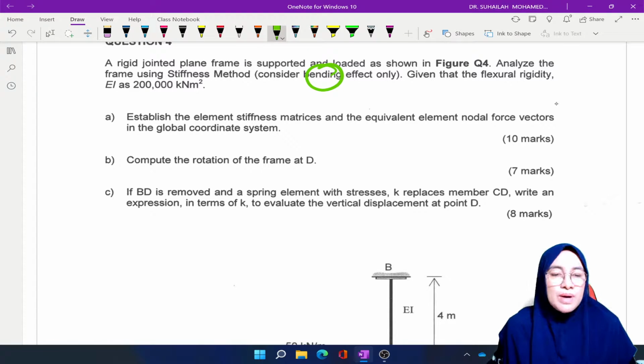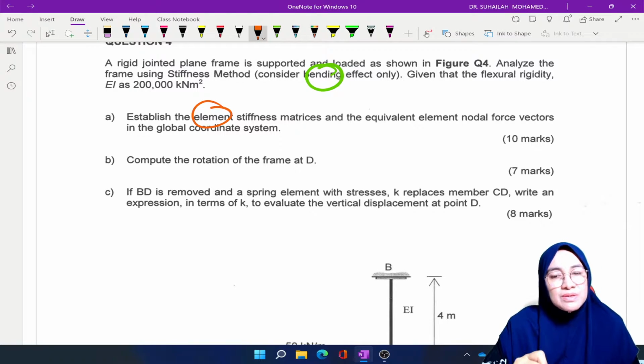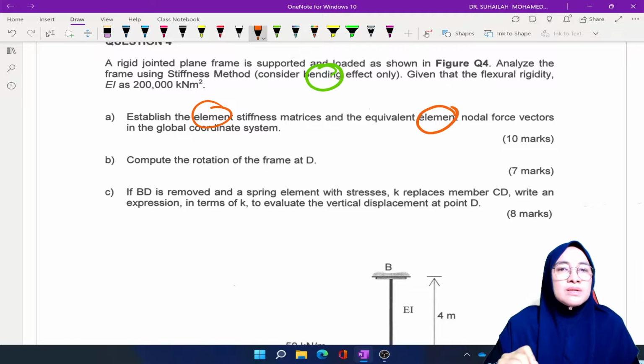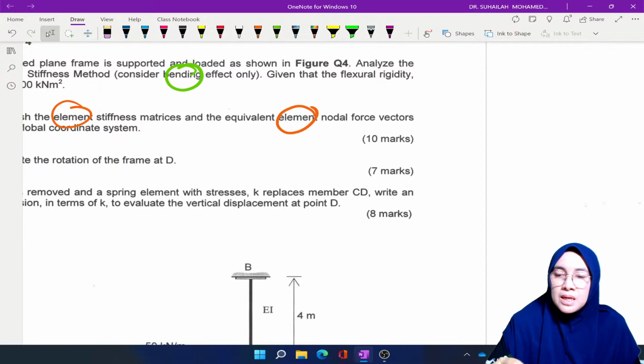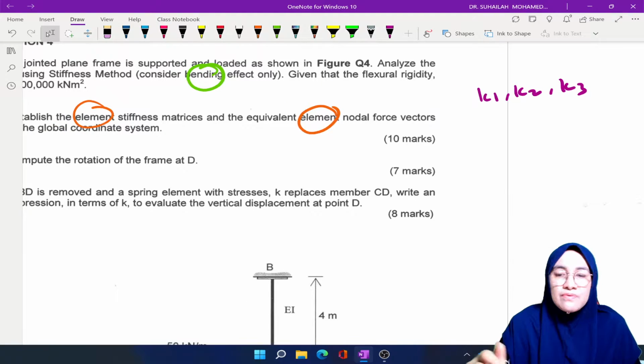For question number 1, establish the element stiffness matrices and the equivalent element nodal force vector in the global coordinate system. Okay, there is the word element here. It means that what we need to establish in the first question are, there are 3 elements, so we have to establish K1, K2, K3, as well as equivalent element nodal forces.